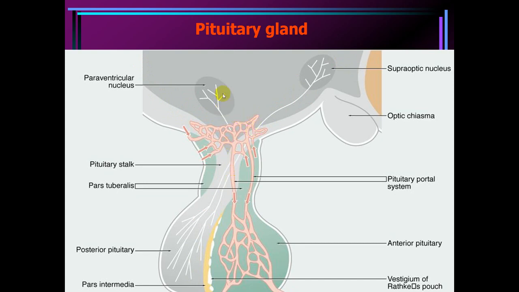You can see that the hypothalamus is part of the brain and consists of multipolar neurons, and concentrations of the bodies of these neurons form nuclei, paraventricular nucleus and supraoptic nucleus. Axons of these neurosecretory neurons travel down to the neurohypophysis, you see, and form the hypothalamo-hypophyseal tract.